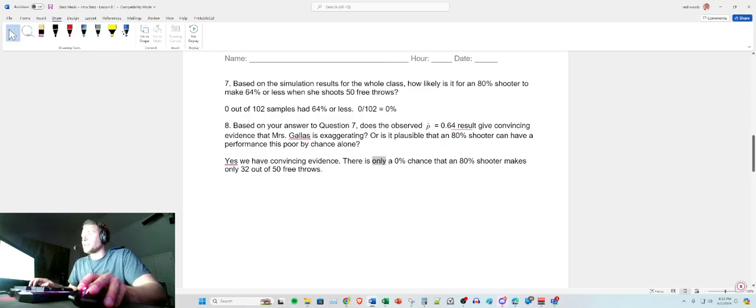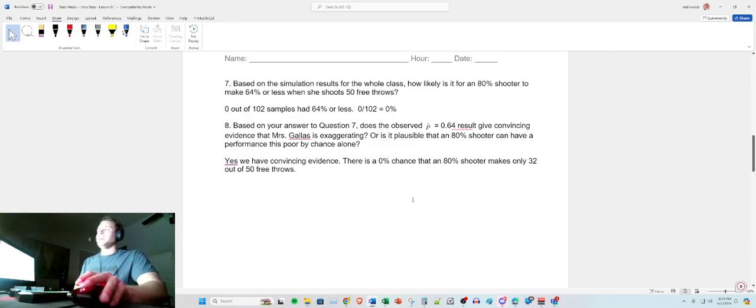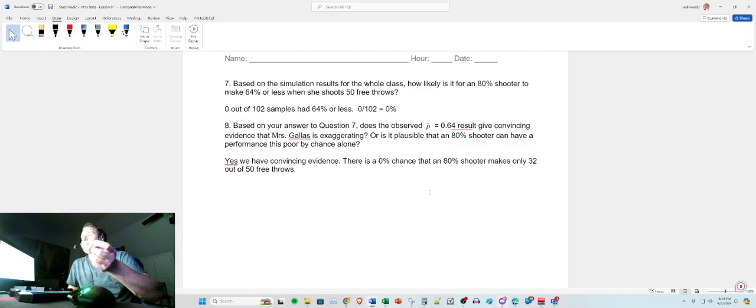And really we could just say there's a 0% chance that an 80%. So in a simulation, if they truly are an 80% shooter, then so far we said there's no chance that they would shoot this poorly. So it does seem like this is an exaggeration on her part.